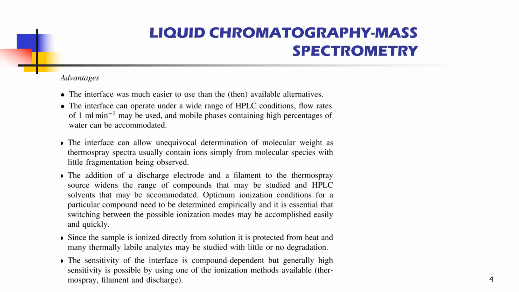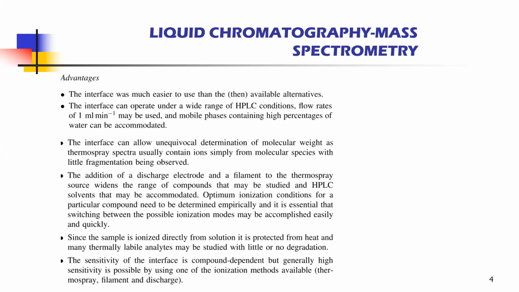The interface can allow unequivocal determination of molecular weight as thermospray spectra usually contain ions simply from molecular species, with little fragmentation being observed. So we have this interface system that can deal with a wide range of molecular weight determinations. The addition of a discharge electrode and a filament to the thermospray source widens the range of compounds that may be studied.